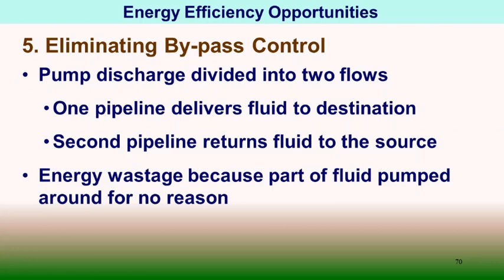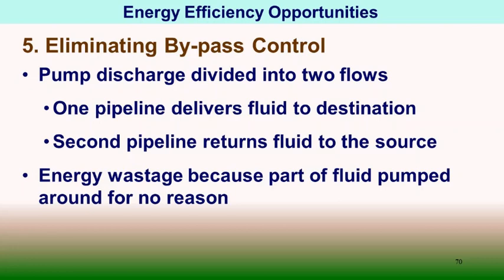In that way, part of the fluid is pumped back for no reason, and therefore it is a wastage of energy, so this option should be avoided, which is a type of recirculation arrangement. Recirculation is essential at the initial stage of startup, but gradually it has to be avoided, and we go for control by variable speed drive.